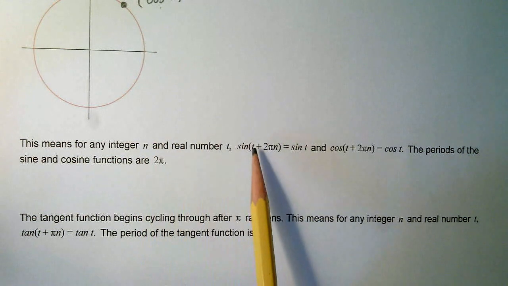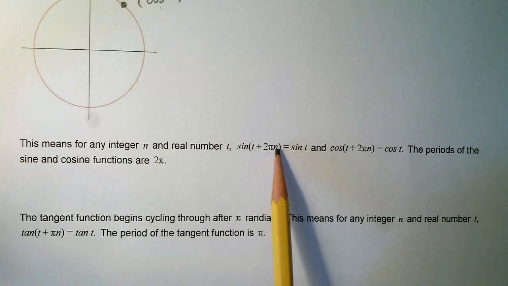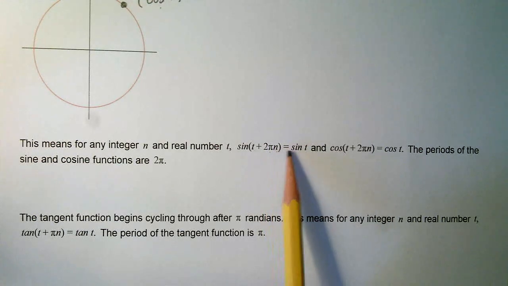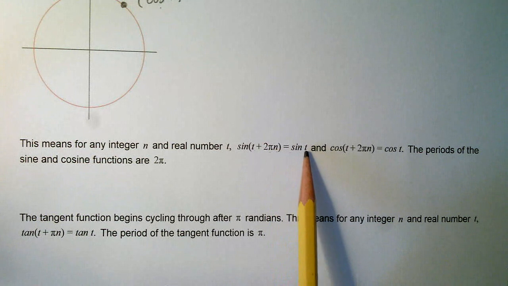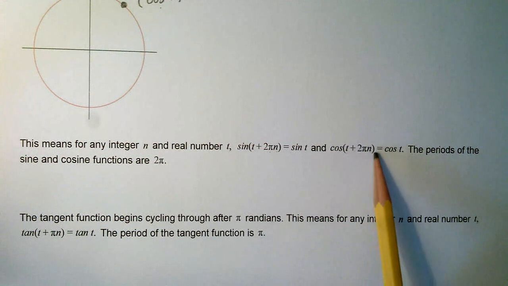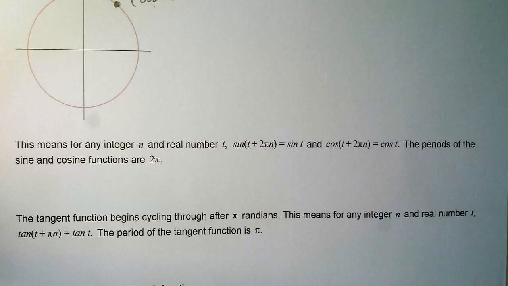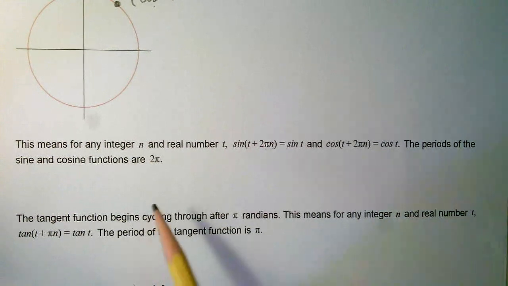The sine of any angle t plus 2 pi n is equal to sine of t, and the cosine of an angle t plus 2 pi n is equal to cosine t. The periods of the sine and cosine functions are 2 pi.